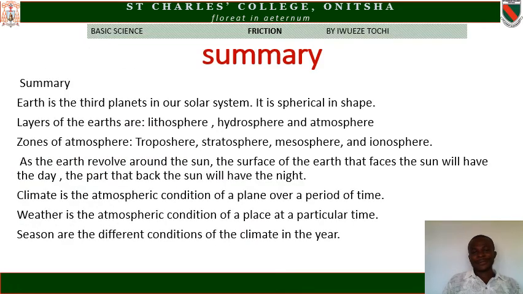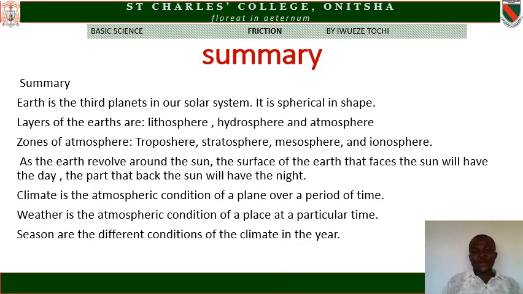Summary. Earth is the 3rd planet in our solar system. It is spherical in shape. Layers of the Earth are lithosphere, hydrosphere, and atmosphere.